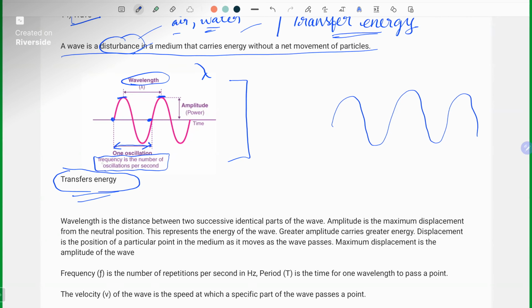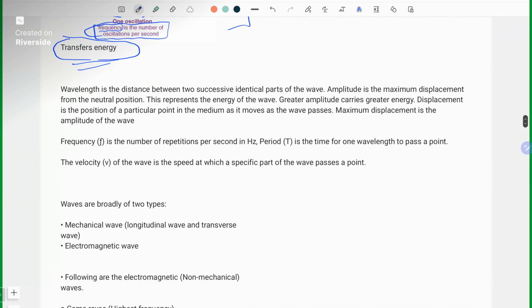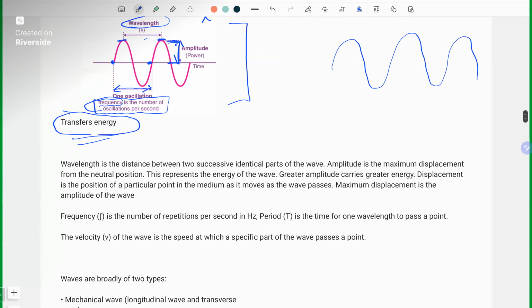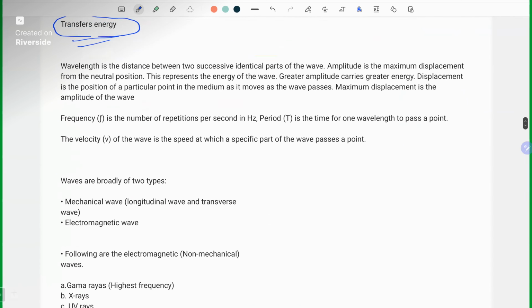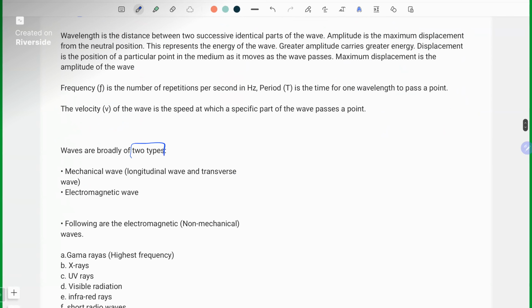And amplitude is this distance of the wave. So we know what is frequency, oscillation, wavelength, and amplitude. And we'll come to types of waves.